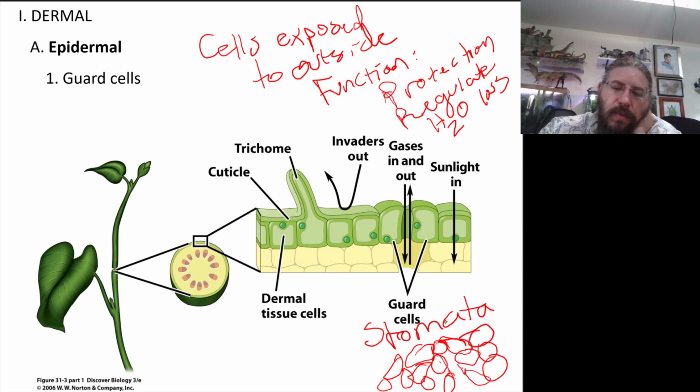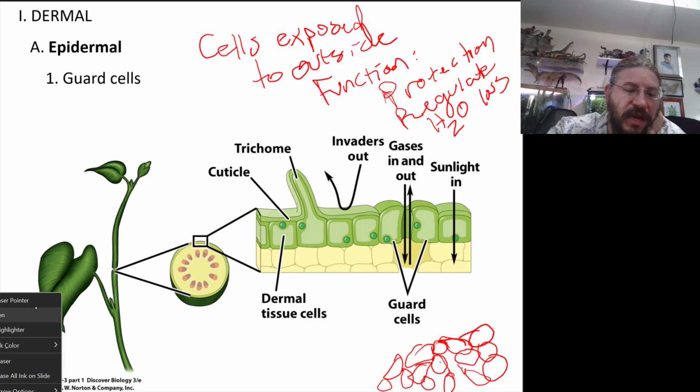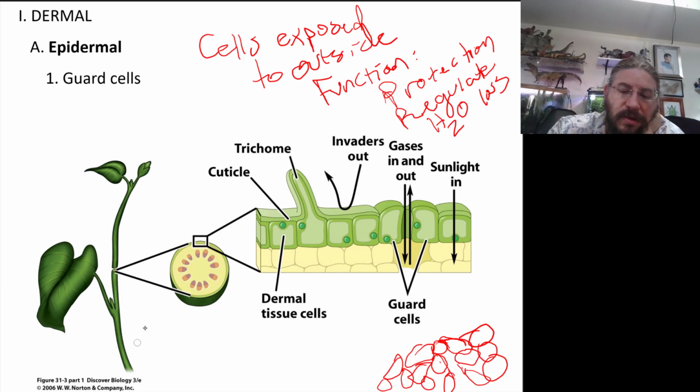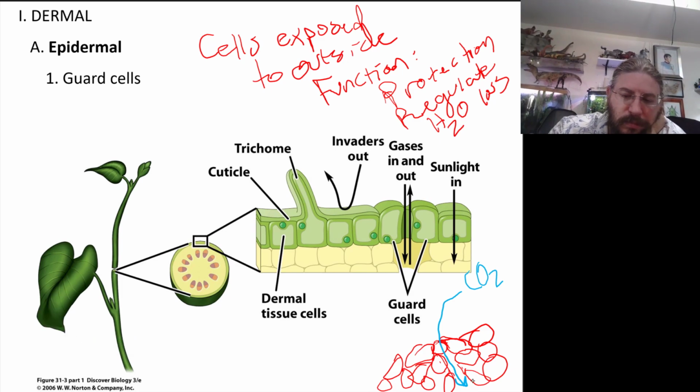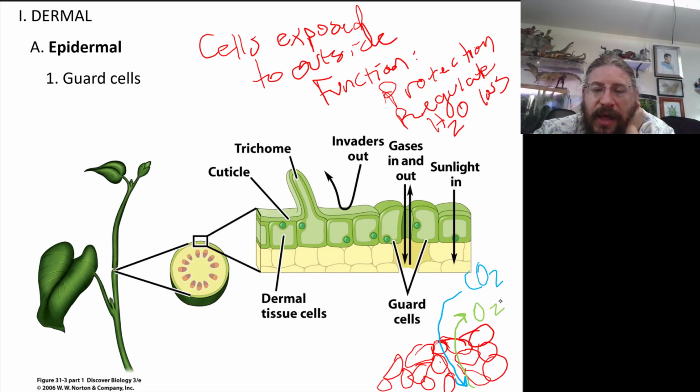Okay, so we can have gas exchange across the stomata, right? So we need CO2 in and we need oxygen out. And so these stomata have the ability to open a little opening, a little cavity to allow carbon dioxide in and oxygen out.